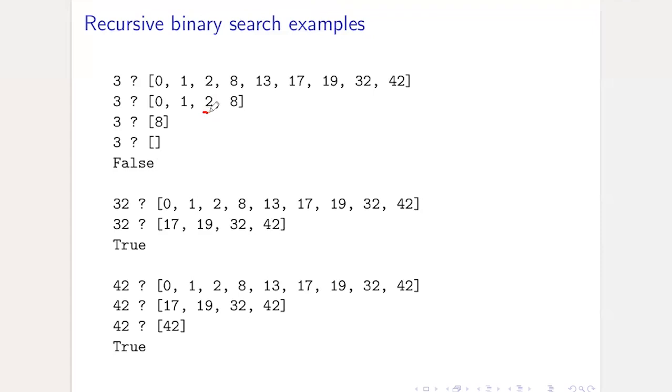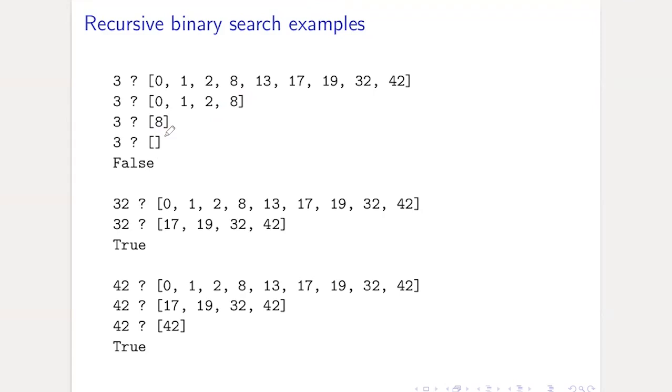It doesn't match 2, and because the item 3 is greater than 2, we will continue with the right hand side, which is what happens here. Of course, then you find that the item is not there. So what you get next is an empty list, at which point you return false.